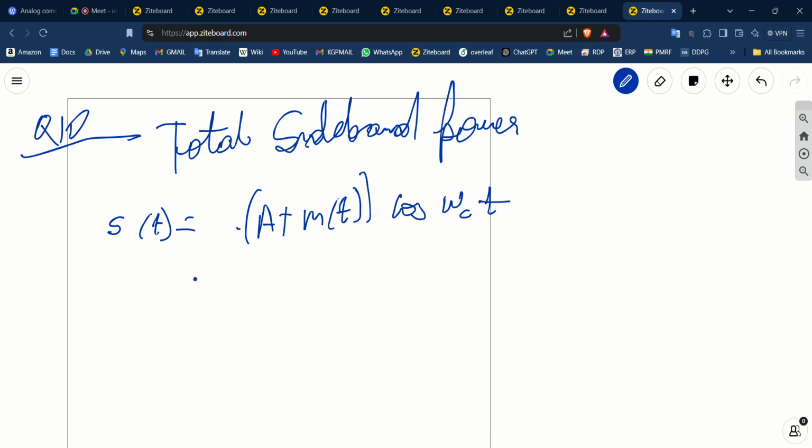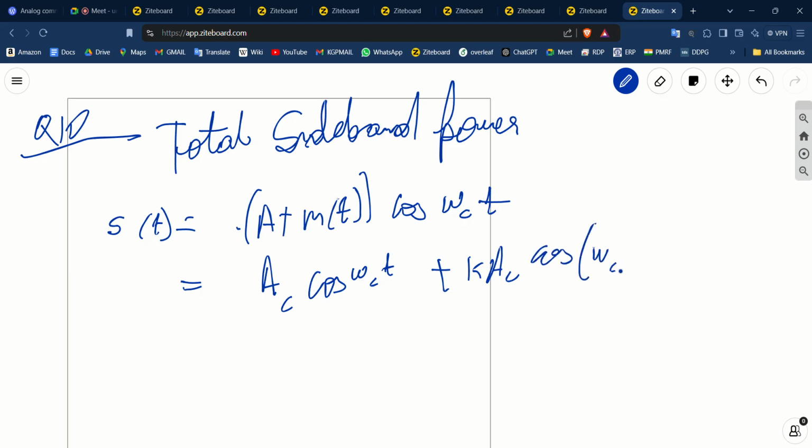Now, if you expand this, you will get three components: AC cos omega Ct plus KAC cos (omega C plus omega M)t plus KAC cos (omega C minus omega M)t.